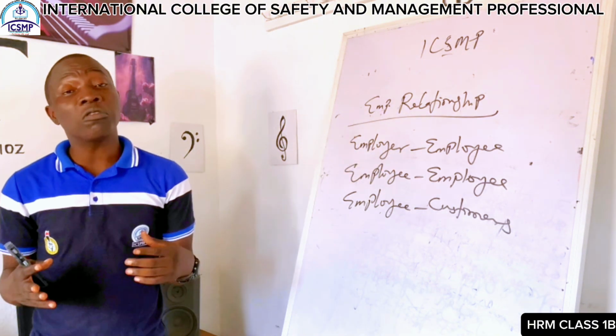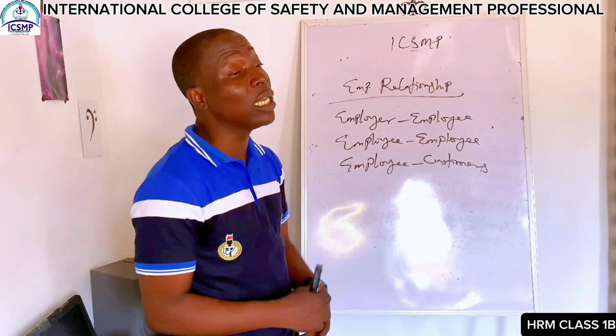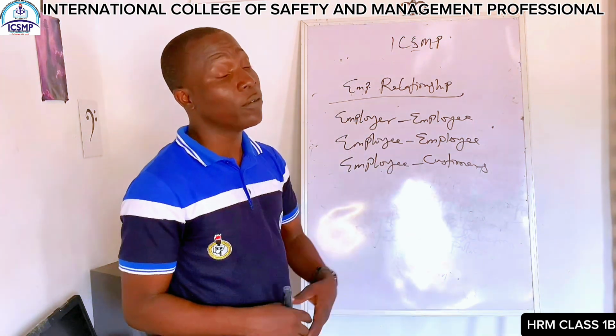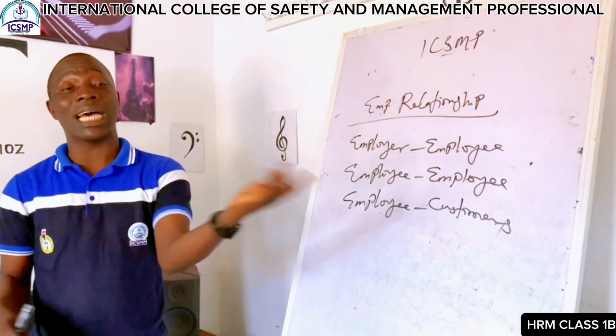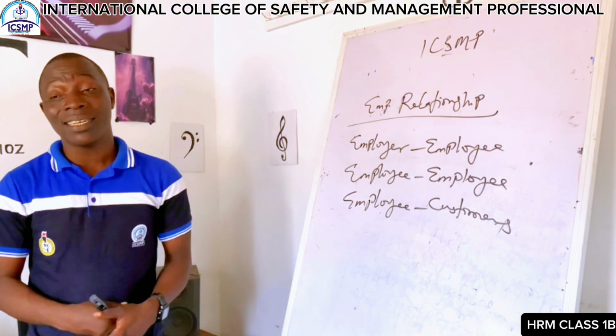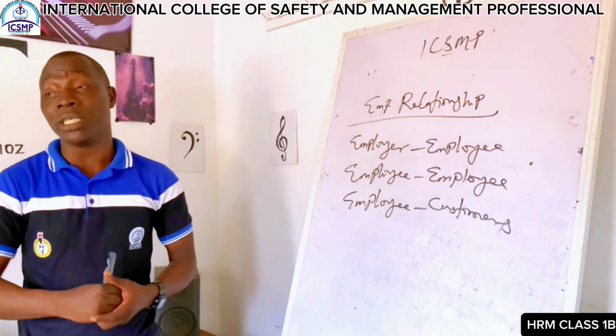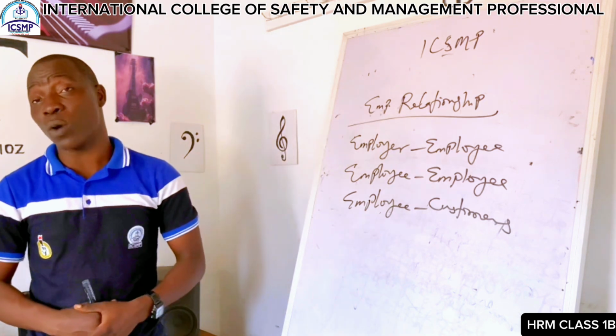If an employee does not have a good work relationship with the employer, and the employer sees the employee as a tool, as a slave, as someone you can just push around, even animals, you can't treat animals anyhow and they won't react. Talk less of human beings who are your employees.